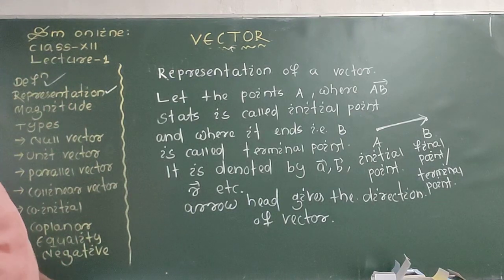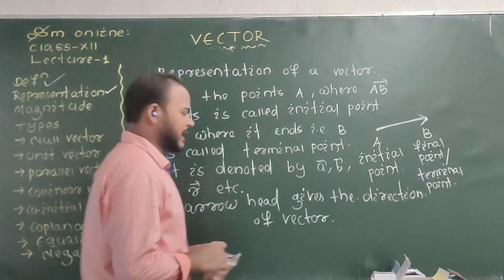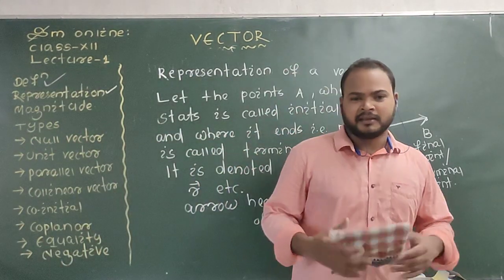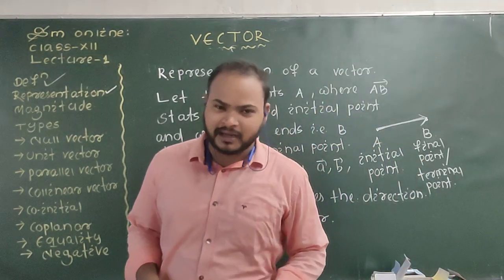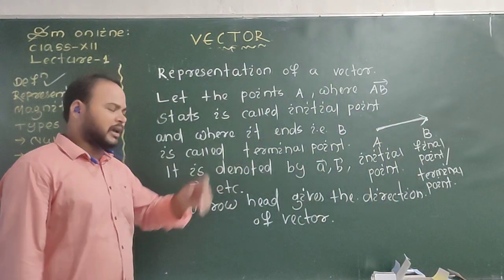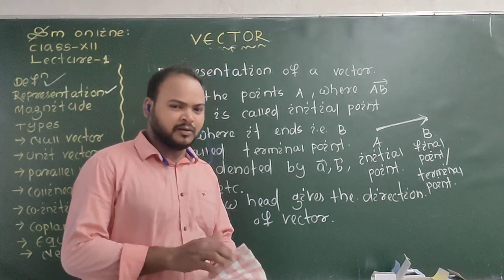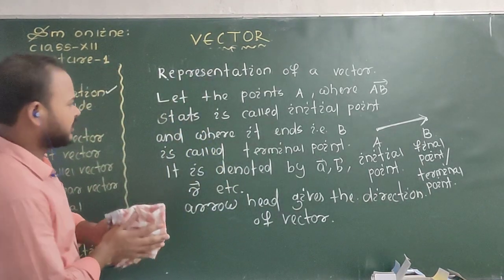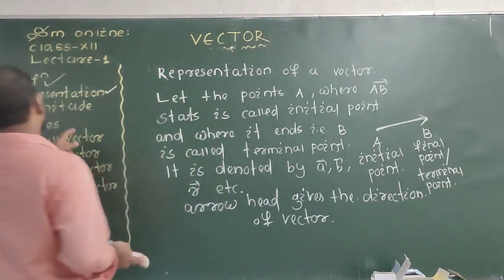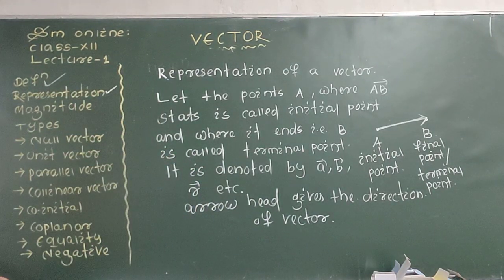Okay, so this is the representation of a vector. For any vector, an initial point and a final point exist, and the arrowhead gives the direction of AB or another. Okay, now come to the point, magnitude of a vector.